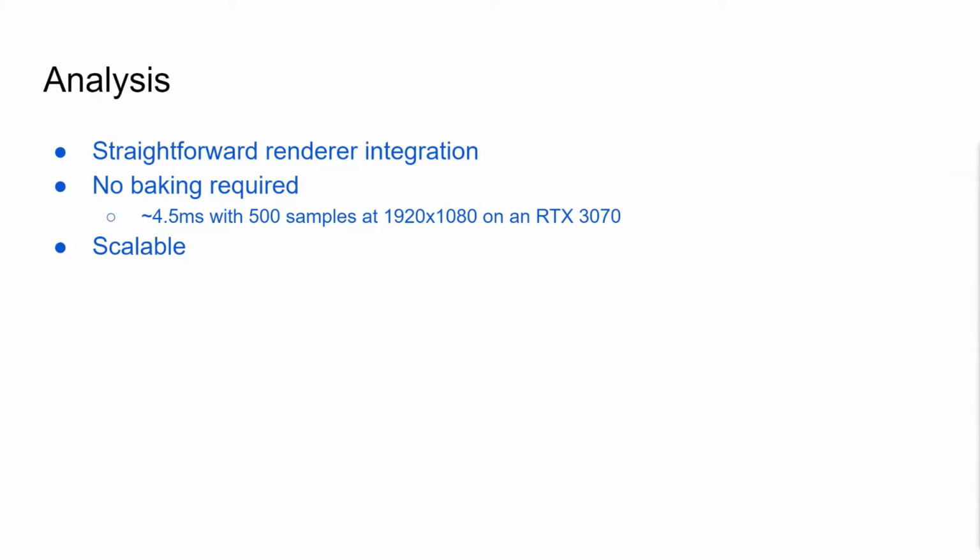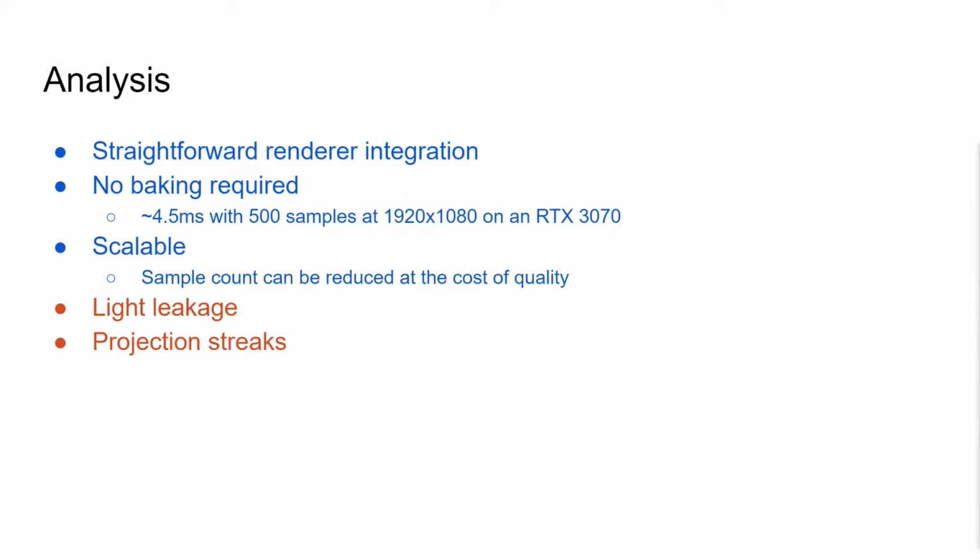And then the main downside, well, all the downsides of RSM have to do with it being kind of low quality in most aspects. The main one is that RSM does nothing to prevent light leakage through geometry. It also suffers from projection streaks when a large surface is indirectly lit by a comparatively small number of pixel lights.